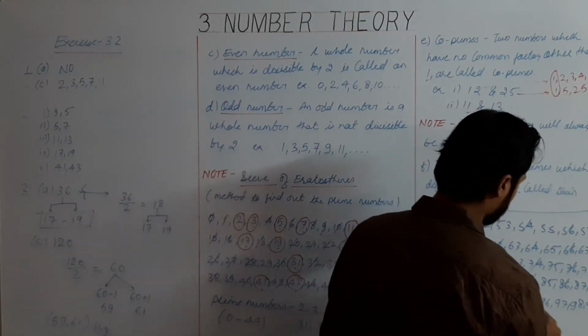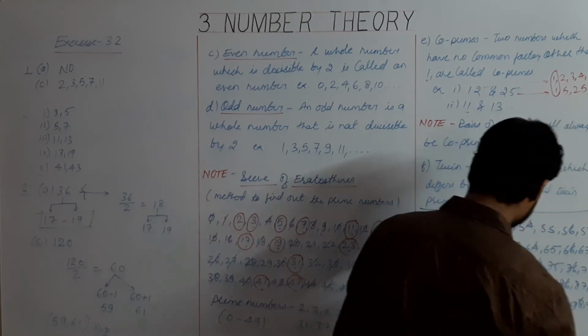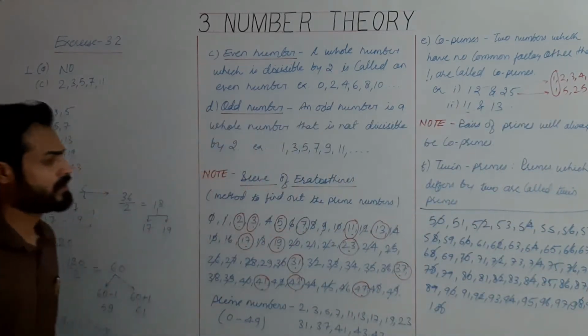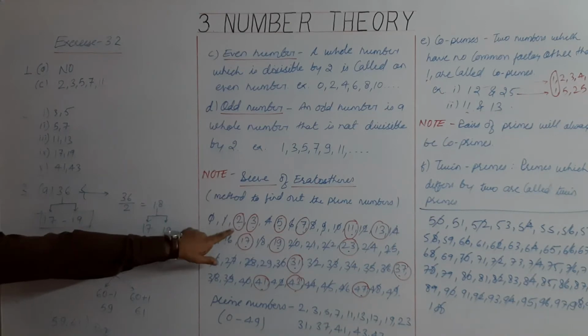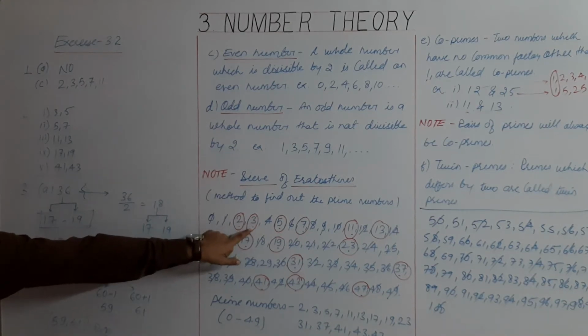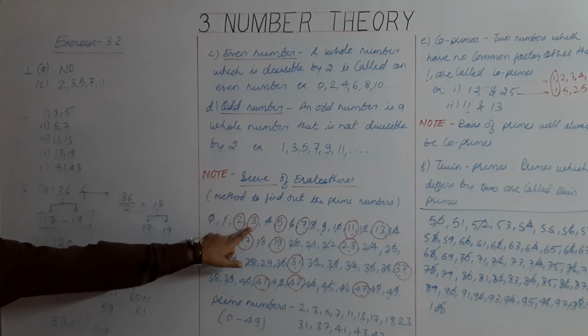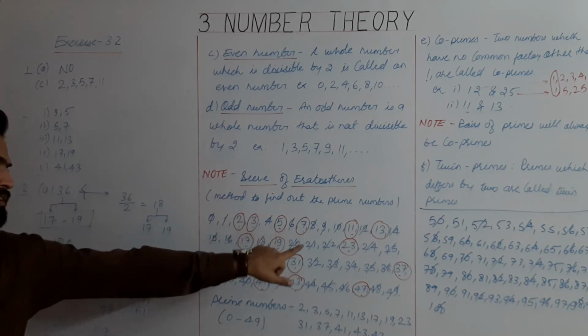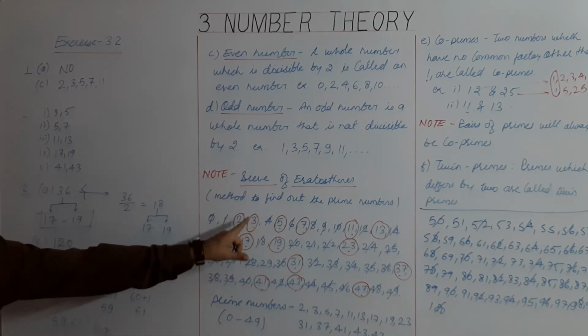We'll get all multiples of 2. Then next, take the uncrossed number, leave this number, and strike out every multiple of this number, 3, or just add 3.